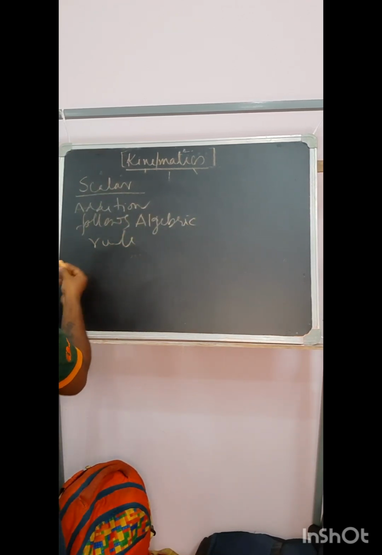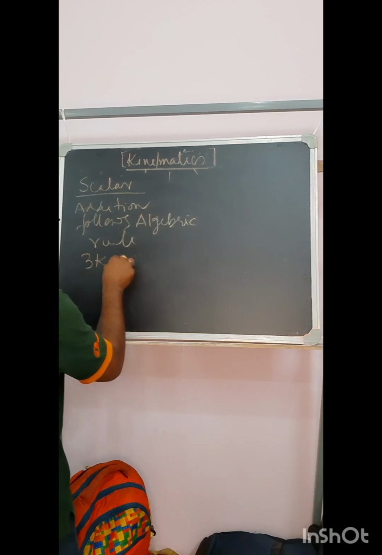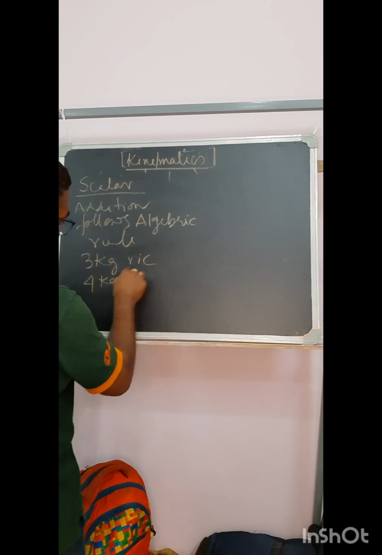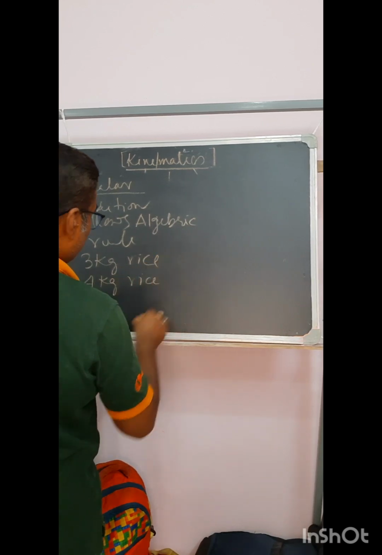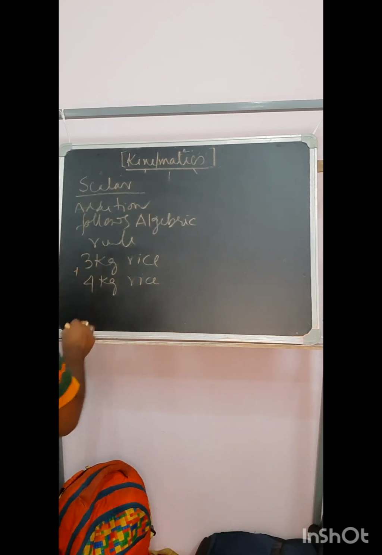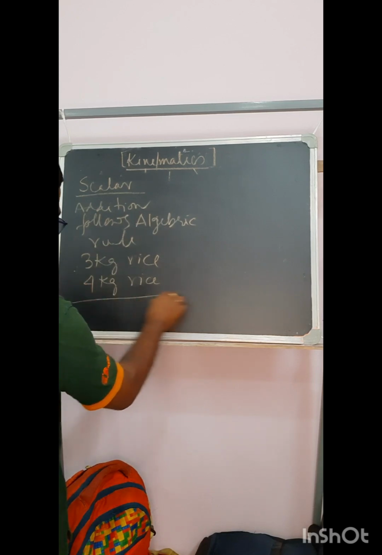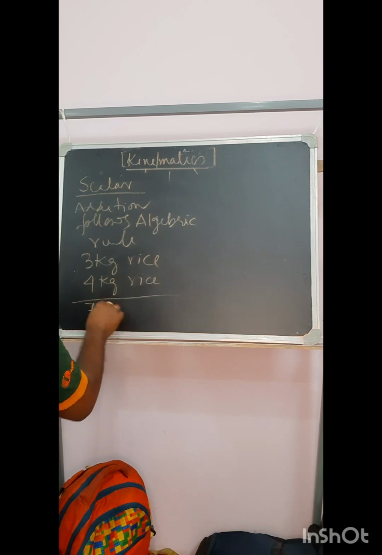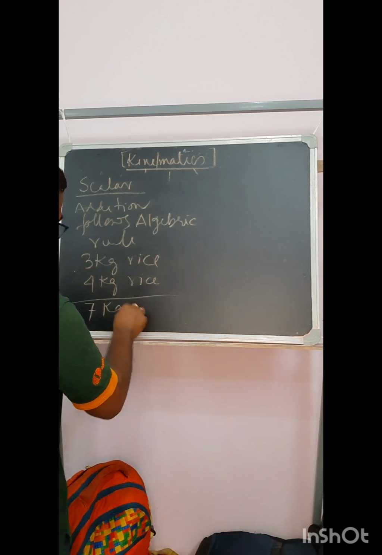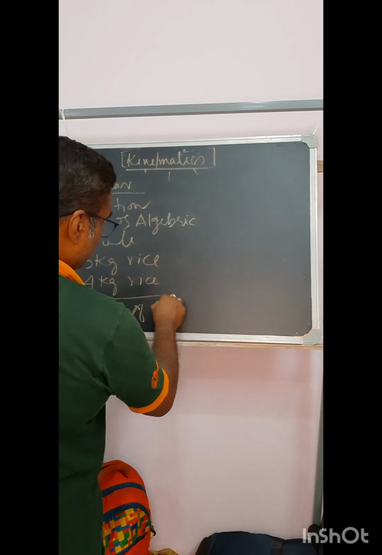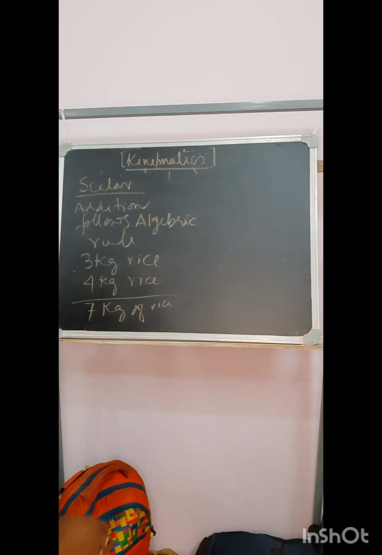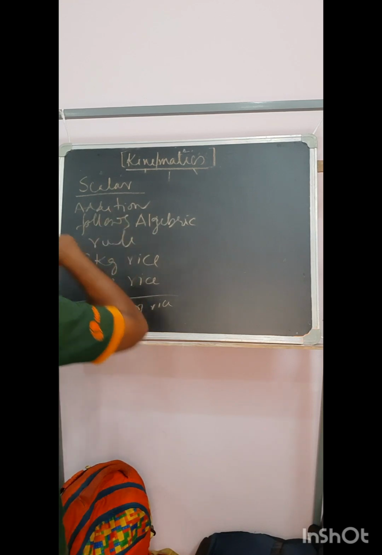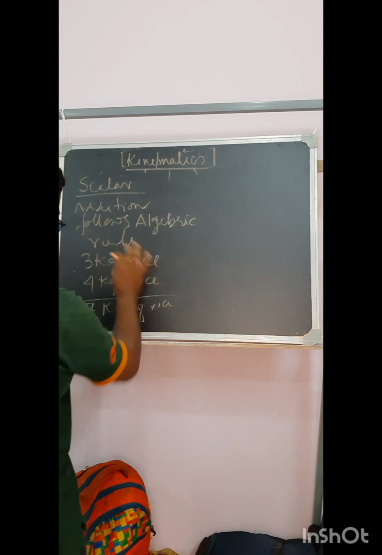I mean to say, if we have 3 kg of rice and 4 kg of rice in our bag, now if the total rice has to be counted or measured, then we directly add 3 plus 4, 7 kg of rice together in the bag. So the scalar is an algebraic summation. It doesn't need any variation.